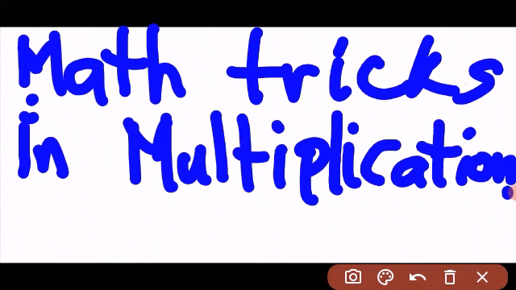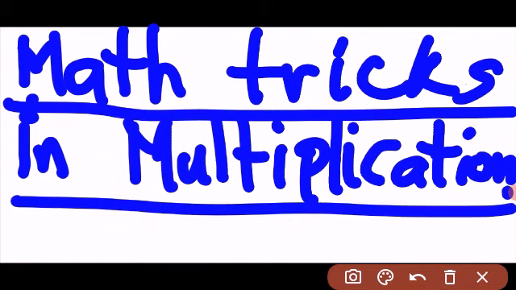Multiplication. Math tricks in multiplication. So when you write, you underline. Okay, so that's what we're going to be dealing with today.